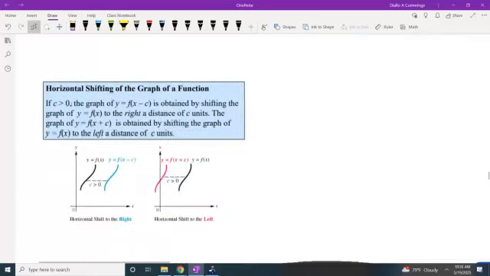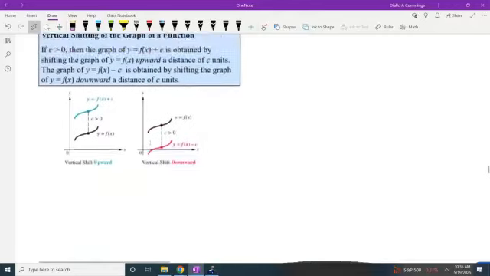To horizontally shift something, that's moving to the left or to the right. And this is where it's not really so clear. It says to shift a graph to the right, you have to write the model form as f of x minus c. Notice that this minus c is within the function evaluated at x.